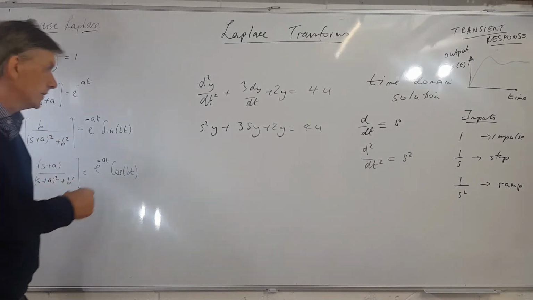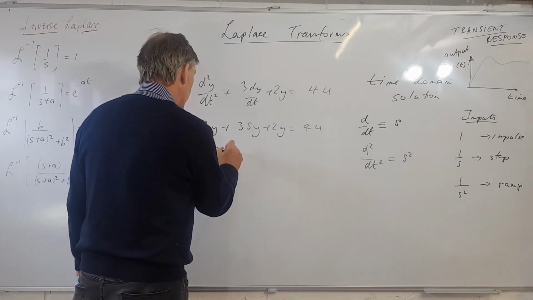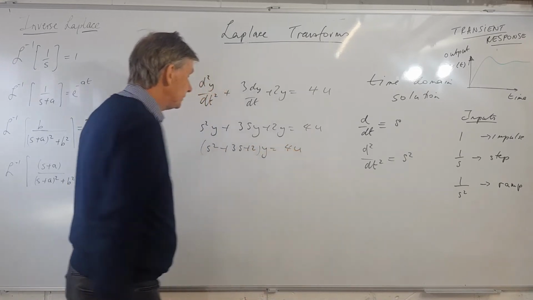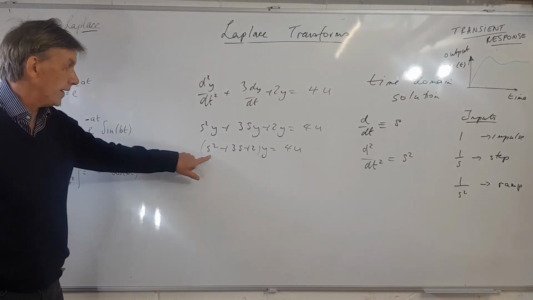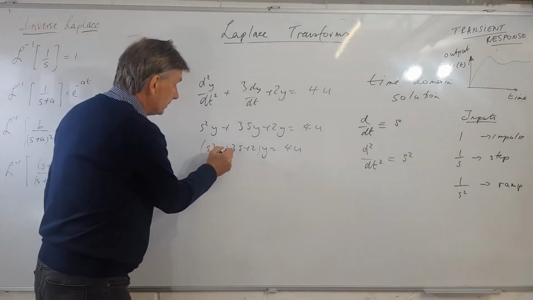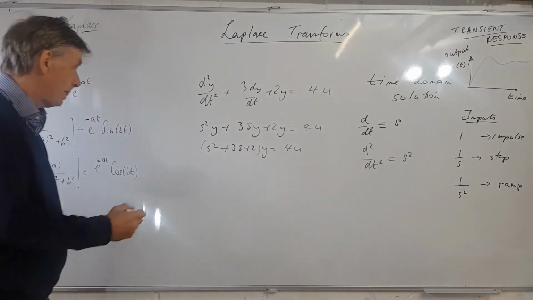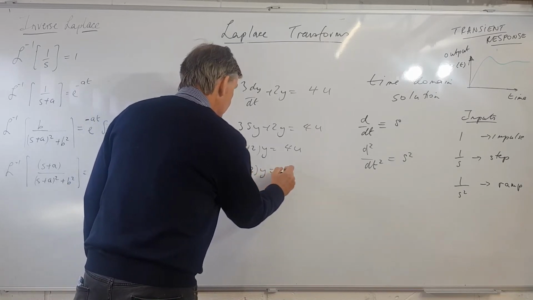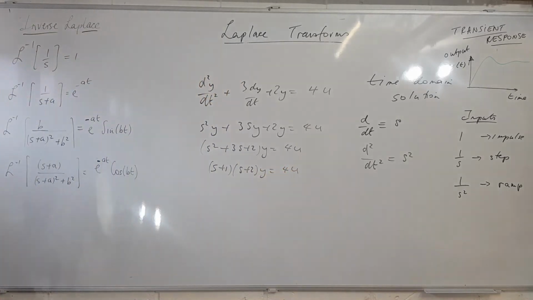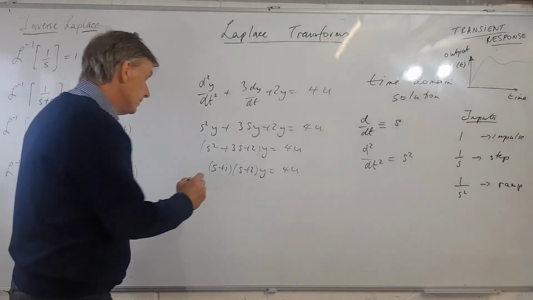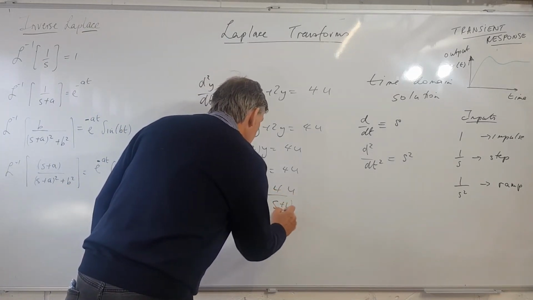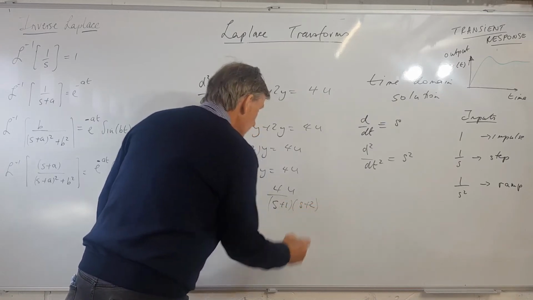We can then take the y out as a common factor. So it's s squared plus 3s plus 2 times y equals 4u. Fortunately now, this one factorizes into s plus 1, s plus 2. So we can now finally get our transfer function, which is that y equals 4u over s plus 1, s plus 2.